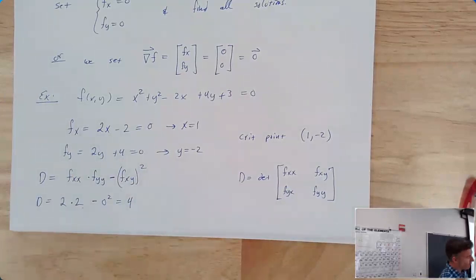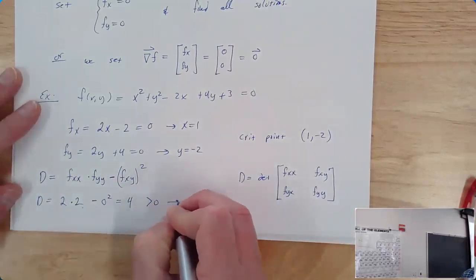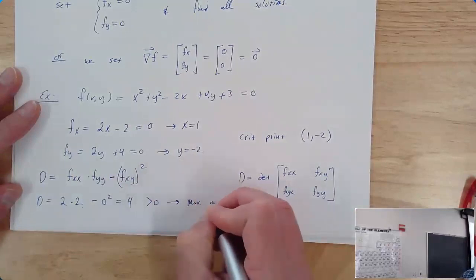we have a maximum or a minimum. It's one of the two. If this is positive, you have a max or a min.